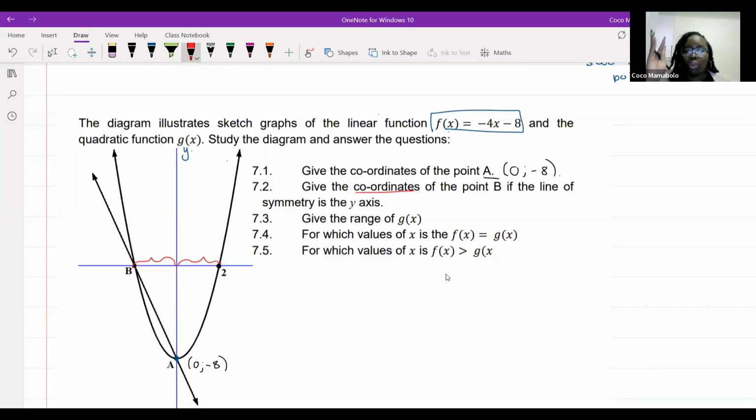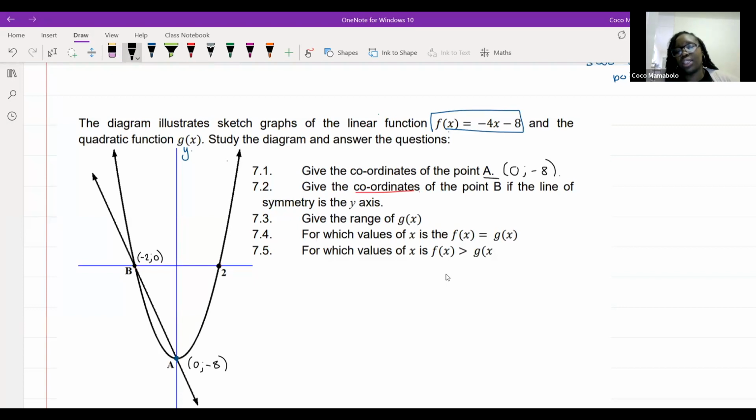You just forgot your brackets. So this point over here will be (-2; 0). Don't forget, it's a coordinate, guys.